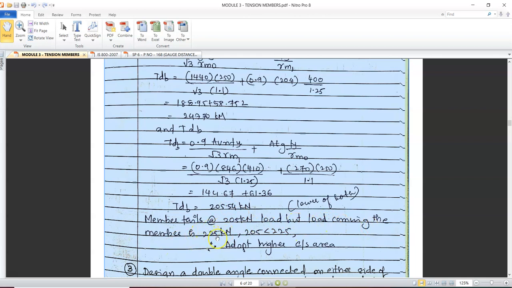So therefore, the load coming on the member is 225. So therefore, 205 is less than 225. So therefore, it is unsafe for block shear. At 205 kilonewton load itself, your section fails in block shear. But actually the load coming is 225. Therefore, the section fails in block shear.